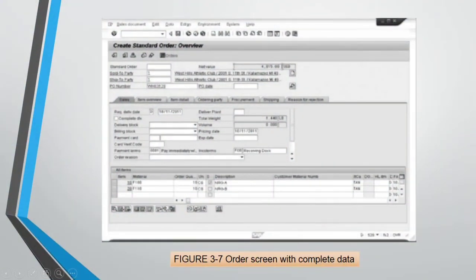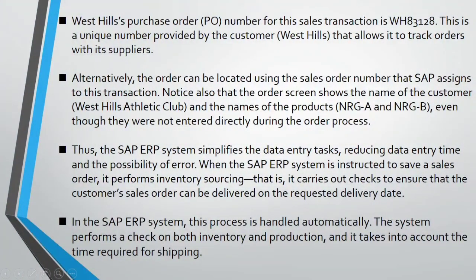So, figure 3-7 shows a completed sales order screen for an order from West Hills Athletic Club for 10 cases of NRGA bars and 10 cases of NRGB bars. West Hills' purchase order number for this sales transaction is WH83128.